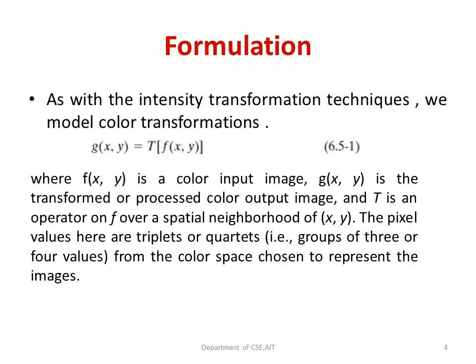The principal difference between the previous equation and this one is its interpretation. The pixel values here are triplets or quartets, that is, a group of 3 or 4 values from the color space chosen to represent the images.